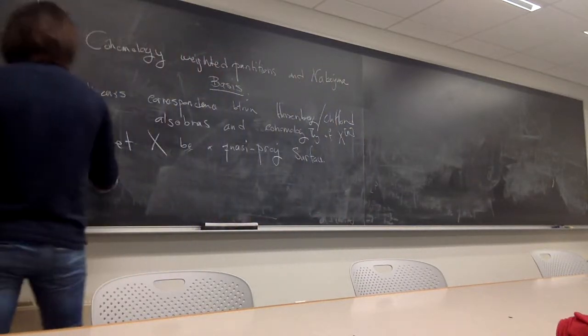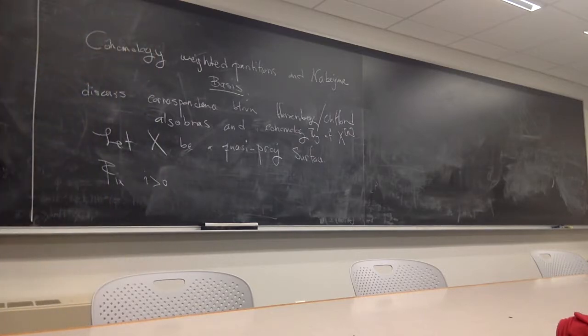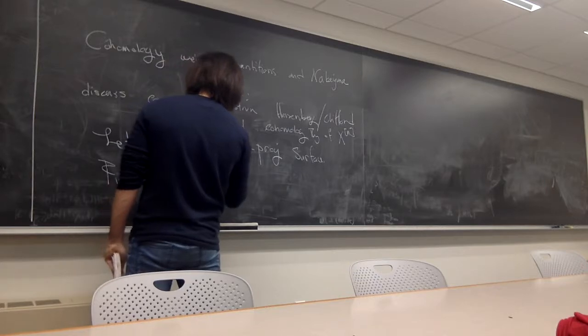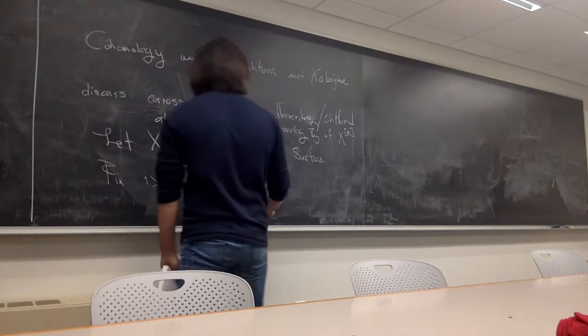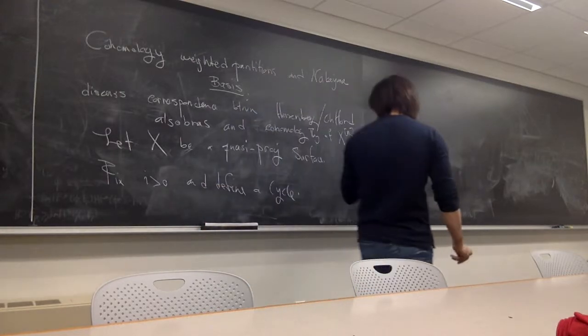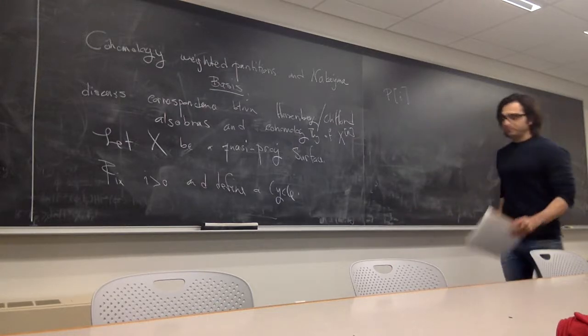Now fix some integer i bigger than 0, and we would like to define a cycle, which I'm going to call P bracket i.